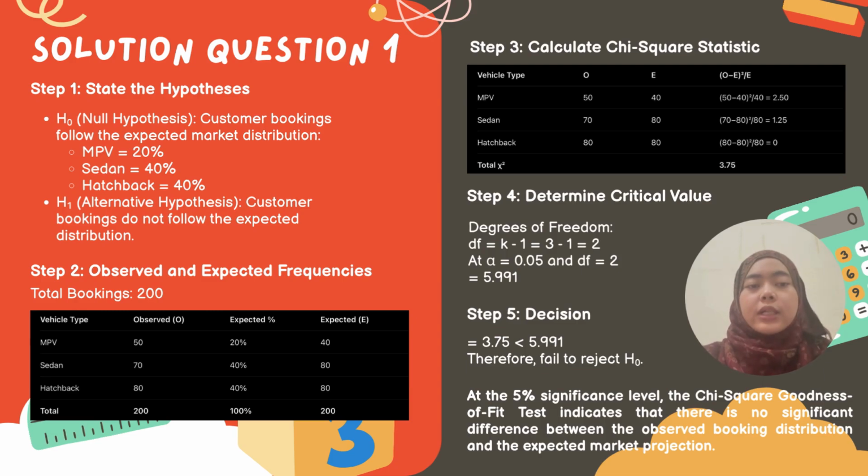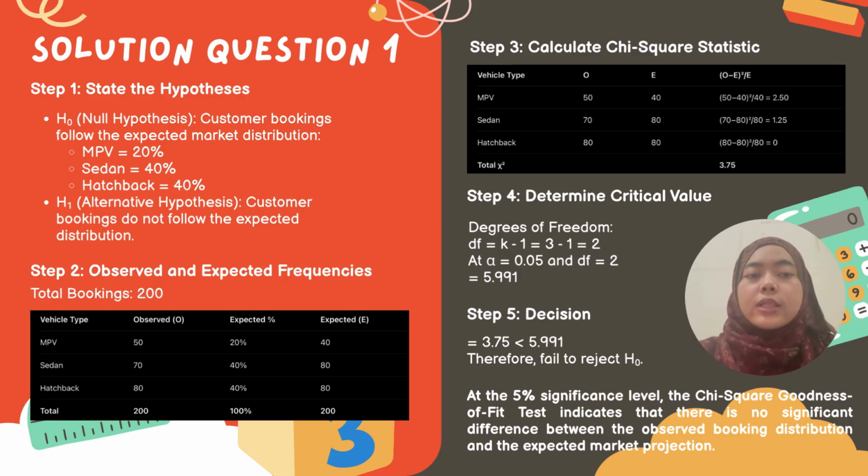Next, we calculate the expected frequency based on the projected distribution. For example, MPV 20% of 200 equals 40 bookings, sedans 40% of 200 equals 80 bookings, hatchback 40% of 200 equals 80 bookings.